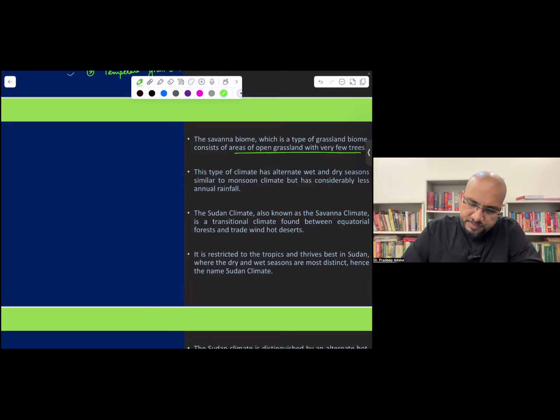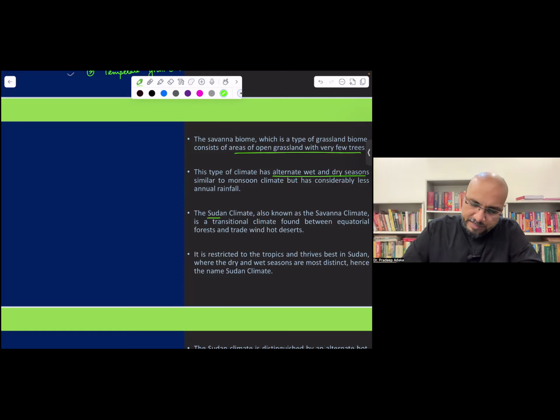This type of climate has alternate wet and dry seasons similar to monsoon climate, but very little annual rainfall, which can only support grasses, not thick vegetation of tall trees and shrubs. So here you have a monsoon type of climate, but very little rainfall.